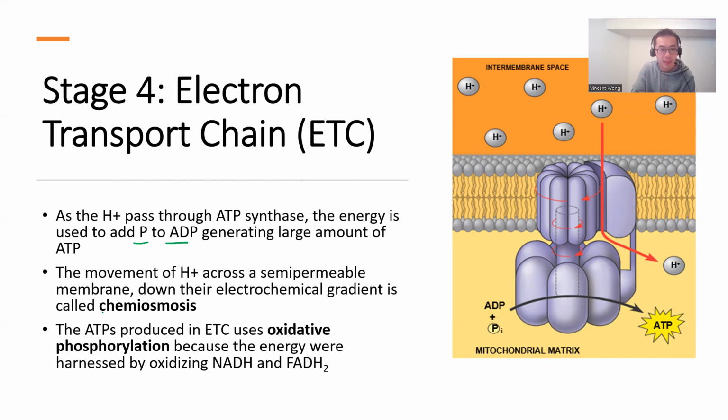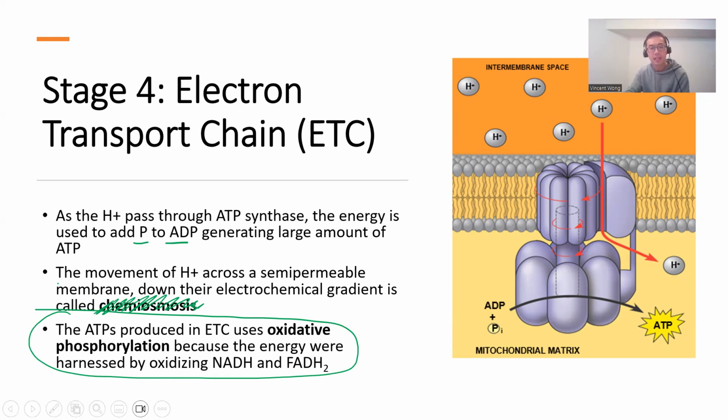Okay. Never mind this word here, chemiosmosis. It's just talking about the H plus moving down. What's important is this last point. ATP produced in ETC using oxidative phosphorylation, right? Because the energy is harnessed by oxidizing NADH and FADH2.